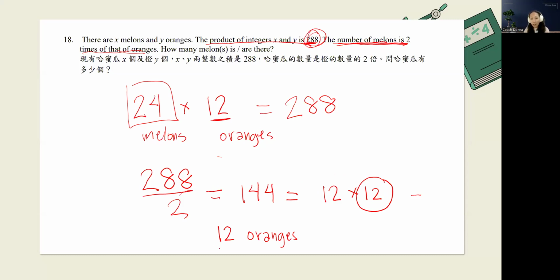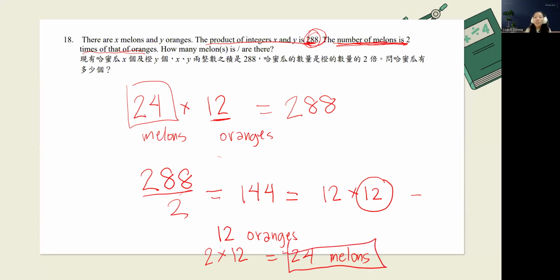I would appreciate it if you can let me finish. Okay? 12 oranges, but our question is melons, right? You know that the number of melons is 2 times that of oranges. So 2 times the number of oranges, which is 12, is 24. So that means we have 24 melons. This is how we get our answer.